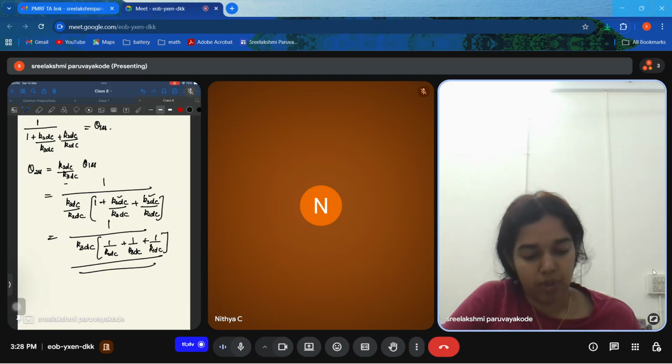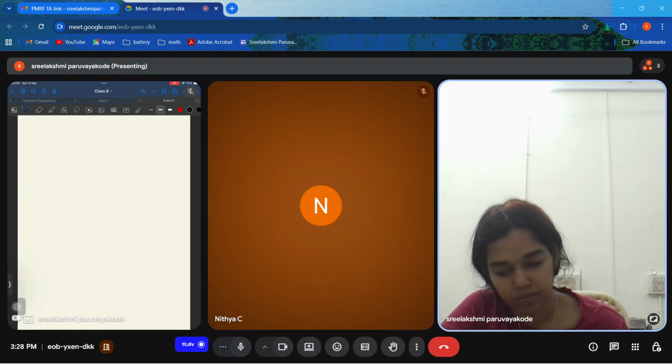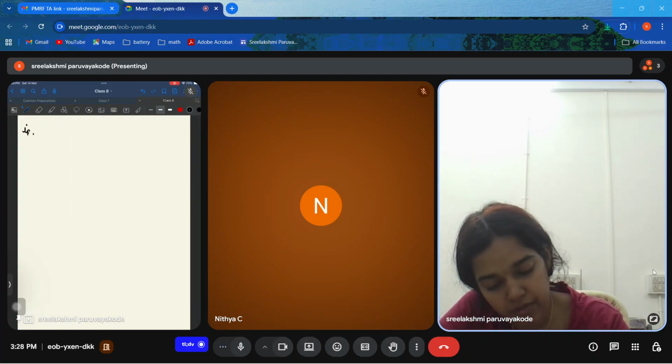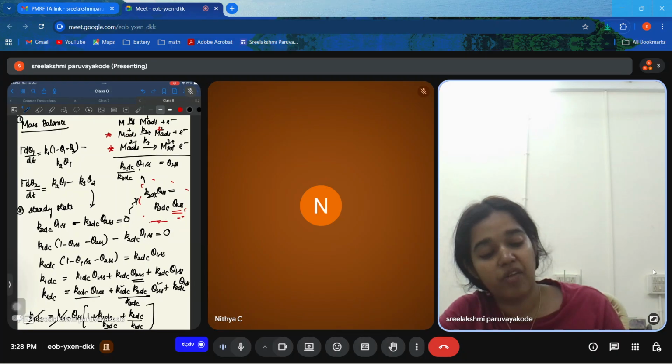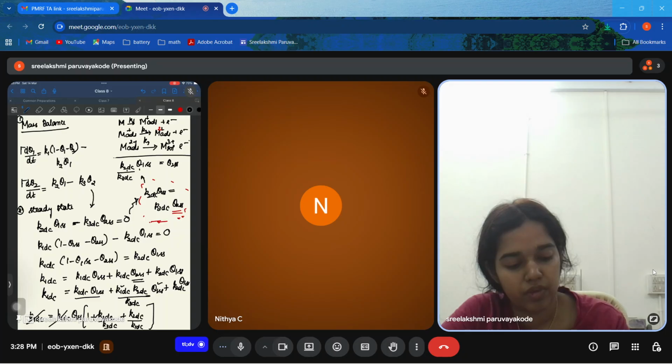Now what is the next step? The next step is to write IF. So let's write IF dc first. Which are the steps? You have 3 steps involved and all 3 steps have electron transfer, so it's all forward reaction.